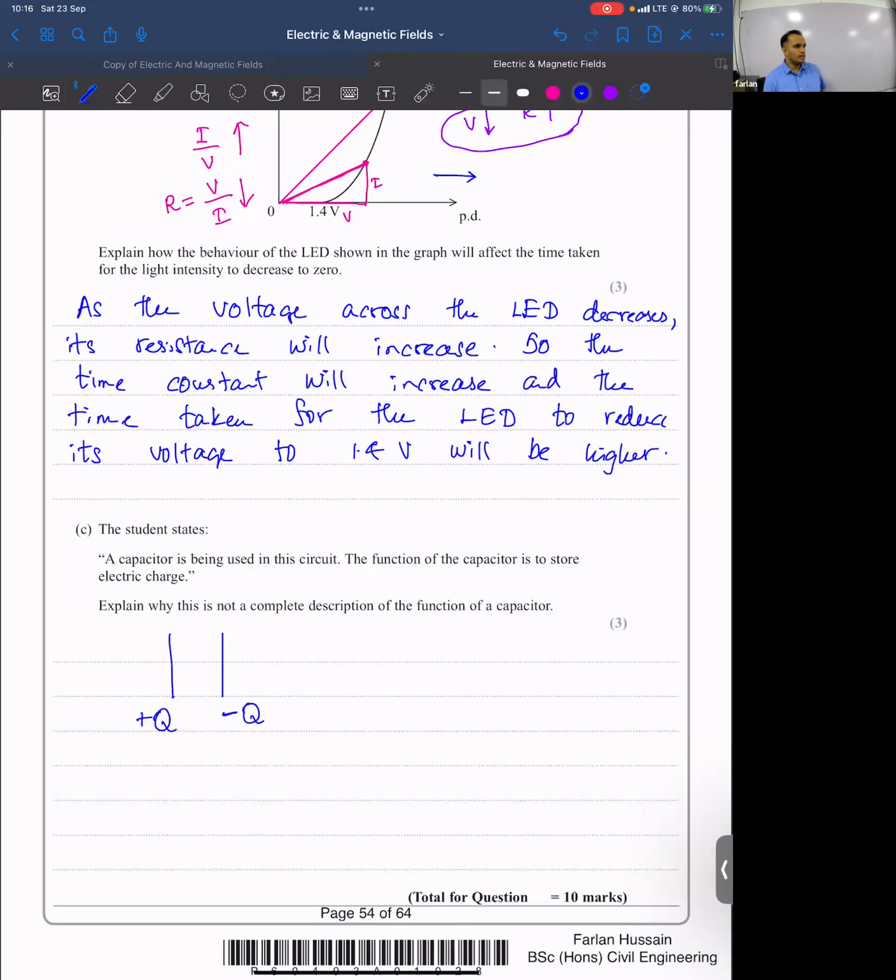A capacitor has two plates. Full stop. One stores a positive charge and the other stores an equal amount of negative charge.